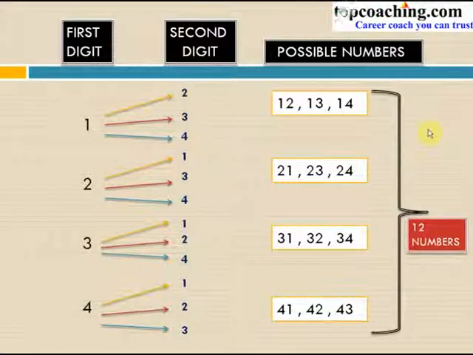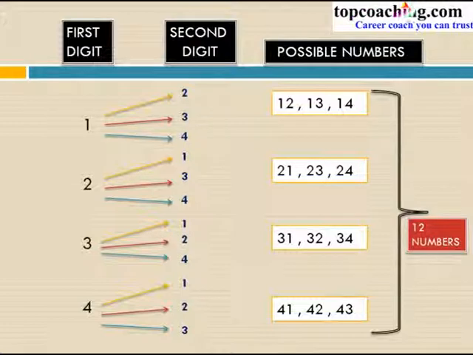Now we can also solve it in this way. The first digit of a 2-digit number can be filled with any of the 4 numbers 1, 2, 3, 4. So the first digit can be filled in 4 ways, and the second digit now can be filled in only 3 ways because one of the digit has been used for the first digit. So we are left with 3 digits, and any one number could be filled in the second place. So the second place could be filled in 3 ways.